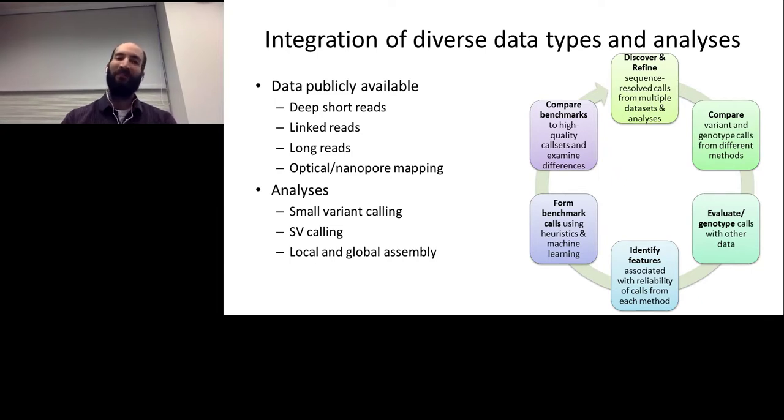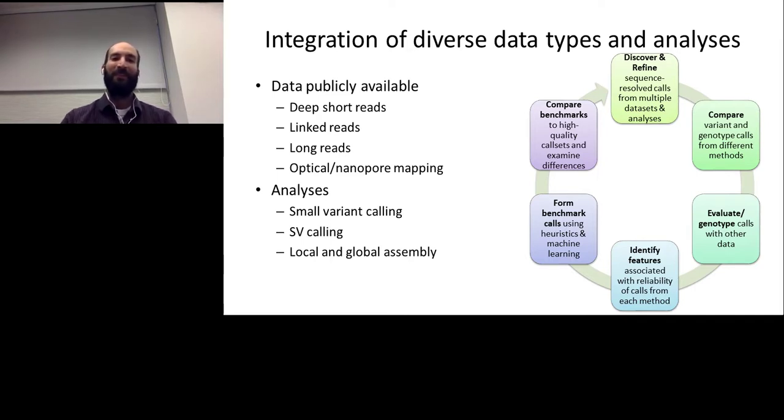So we have deep short read sequencing, linked read sequencing like that from 10x Genomics, long reads like those from PacBio and from Oxford Nanopore, and then optical and nanopore mapping data like that from BioNano Genomics and NabSys. And then we have a lot of different analysis methods.